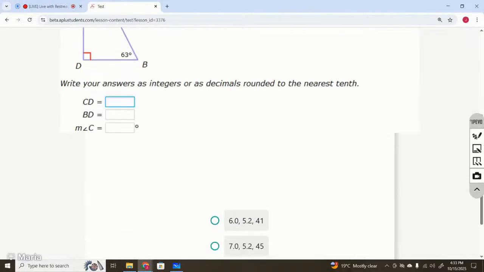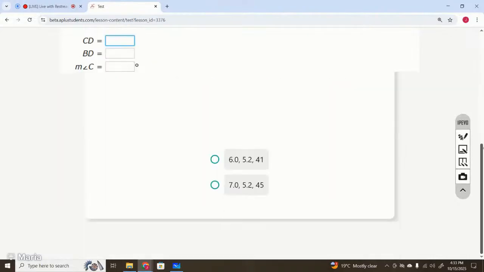You can see 90 plus 63 is 153 and 180 minus 153 is 27. So none of them is the right option.